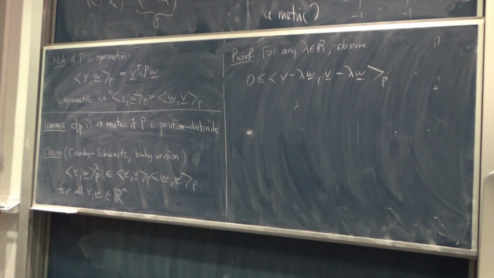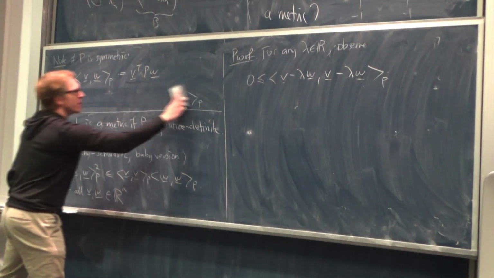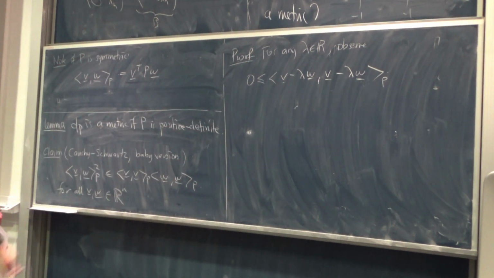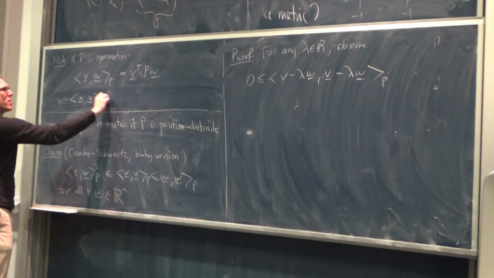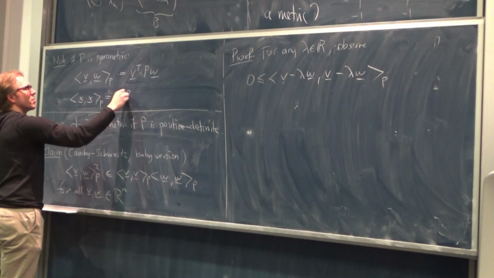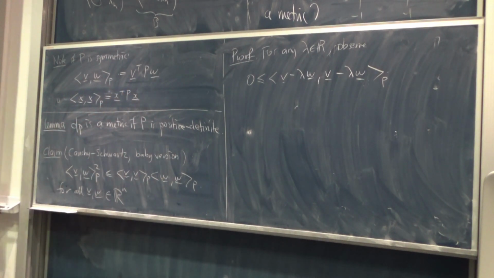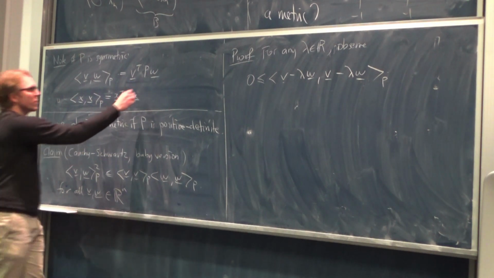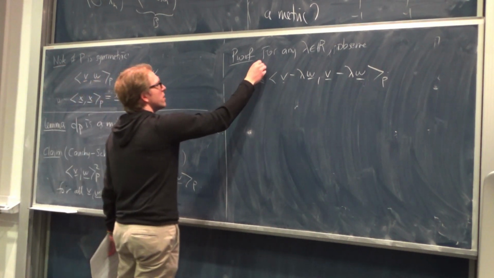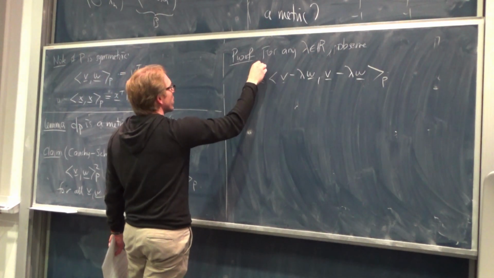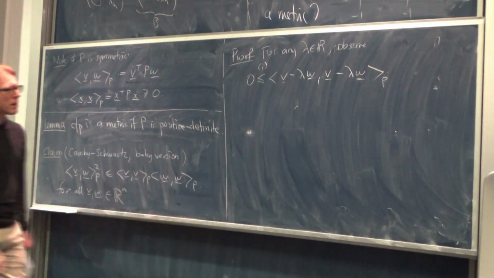Because that expression there, if I take x comma x P, that's x transpose P x, and by the fact that P is positive, that's greater than or equal to 0. So here we're using, if you like, condition 1 on P.